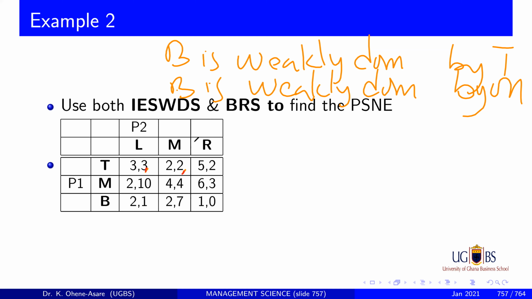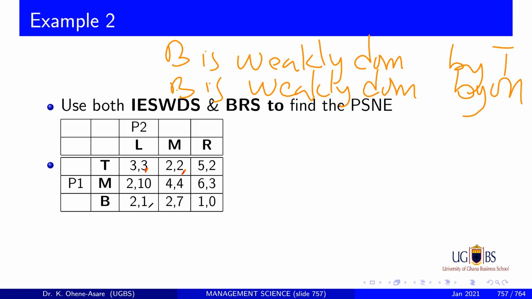Now let's go to L and R, left and right. If you compare 3 and 2, 3 is bigger. If you compare 10 and 3, the left is still bigger. If you compare 1 and 0, the left is still bigger.